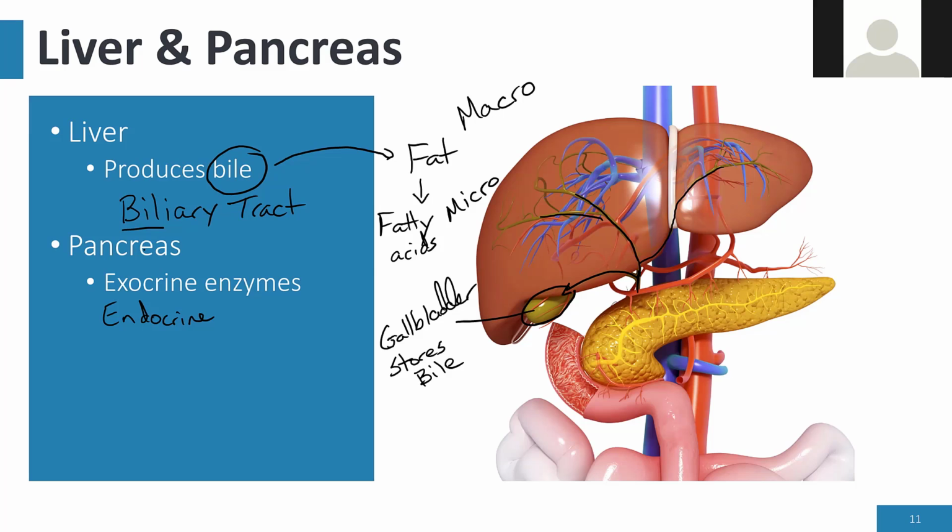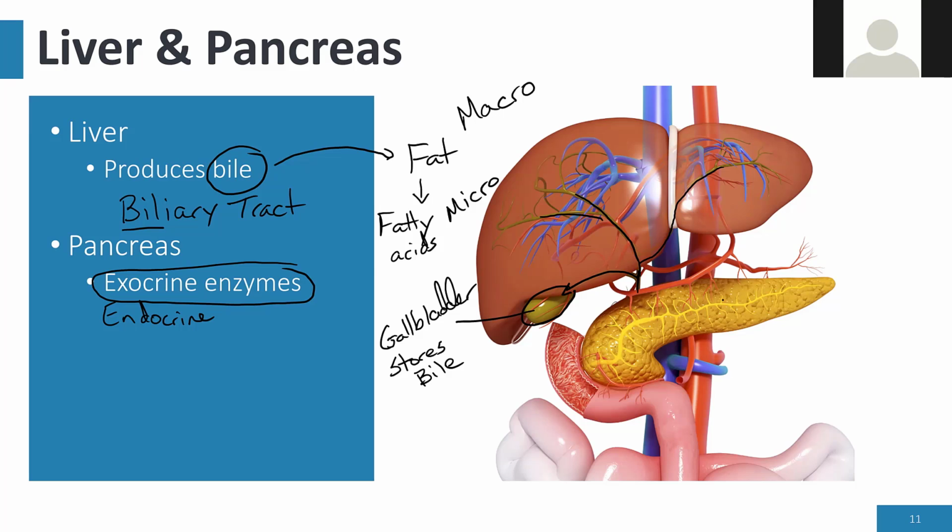Those are the endocrine functions because the pancreas is an endocrine gland, right? We're not talking about the endocrine system today. We're talking about the digestive system, right? So the endocrine part of the pancreas, that's all the insulin stuff that we all learn, right? On the digestive system side of it, that's its exocrine function, right?